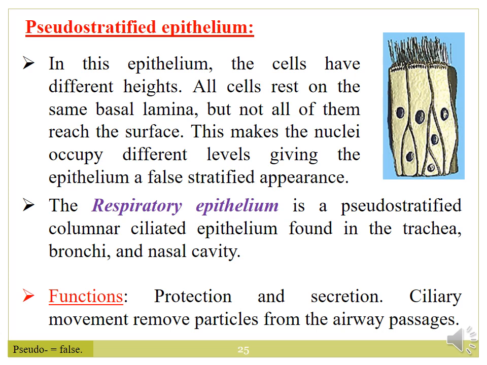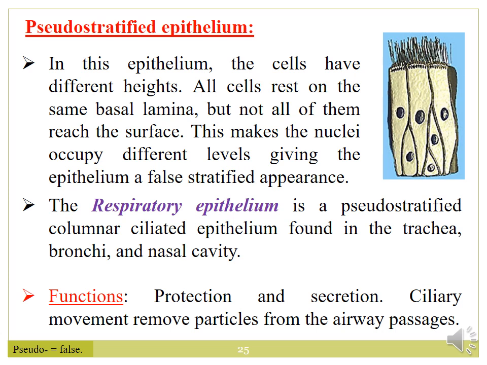What do we mean by that? In this epithelium, the cells have different heights. All cells rest on the same basal lamina, but not all of them reach the surface. This makes the nuclei occupy different levels, giving the epithelium a false stratified appearance.